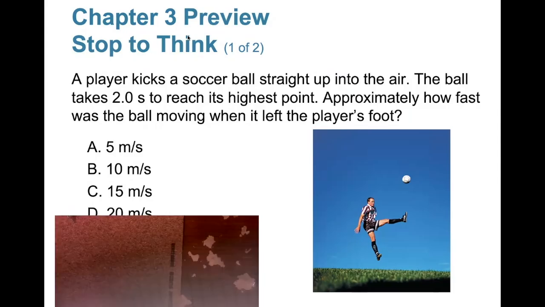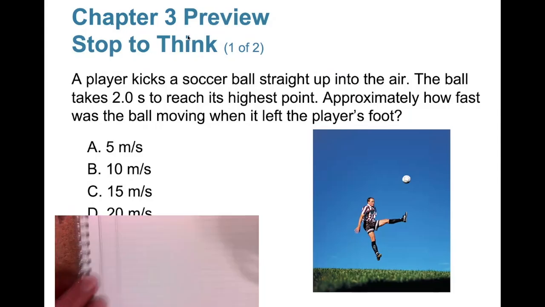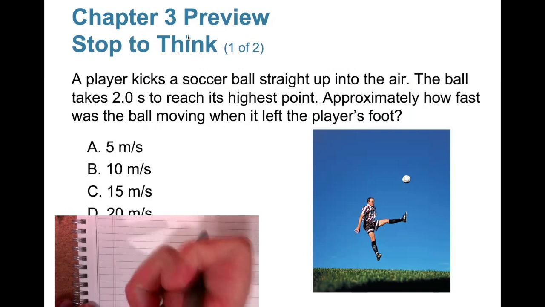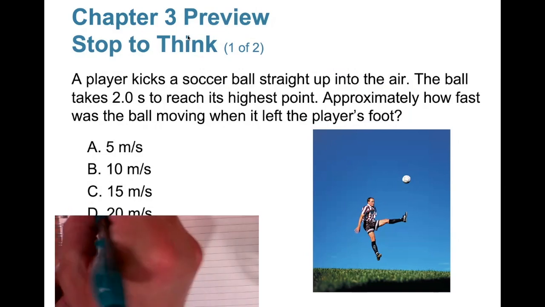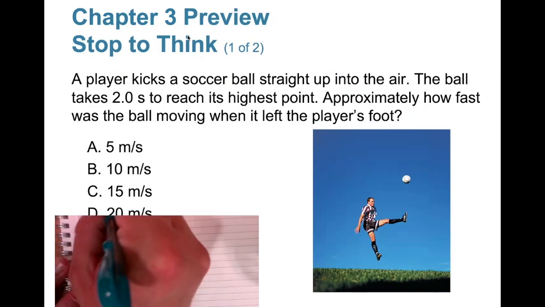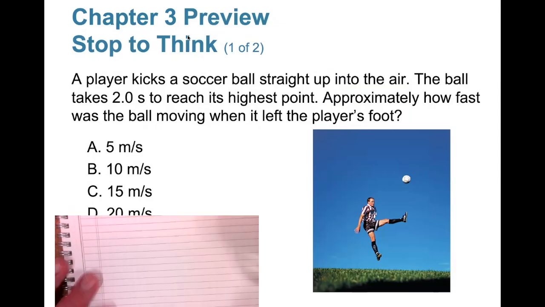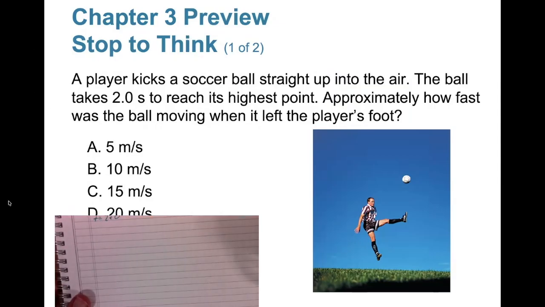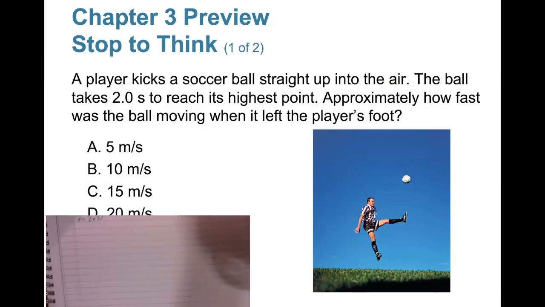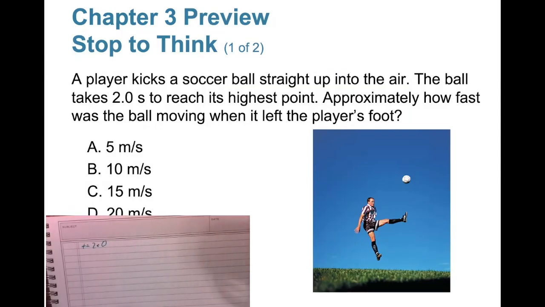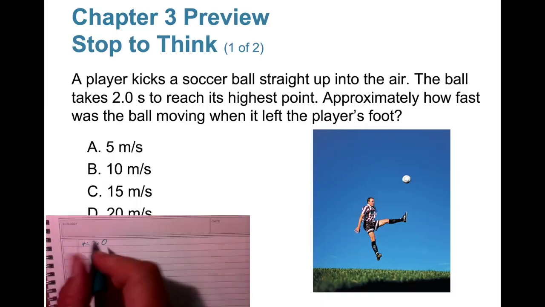Now it tells us that it takes 2 seconds to reach the top, so we've got time. t equals 2.0 seconds. I could change the window. There, we got some light.